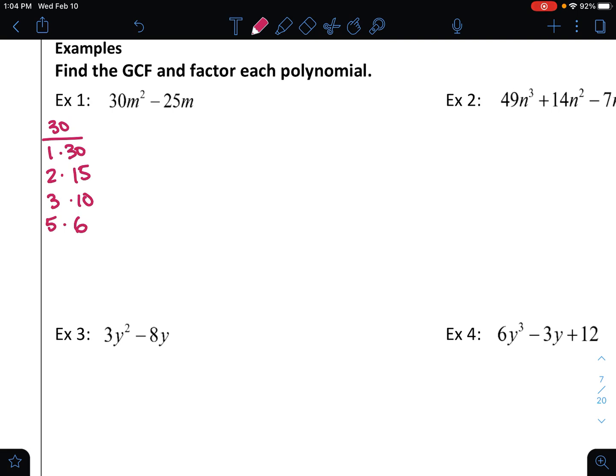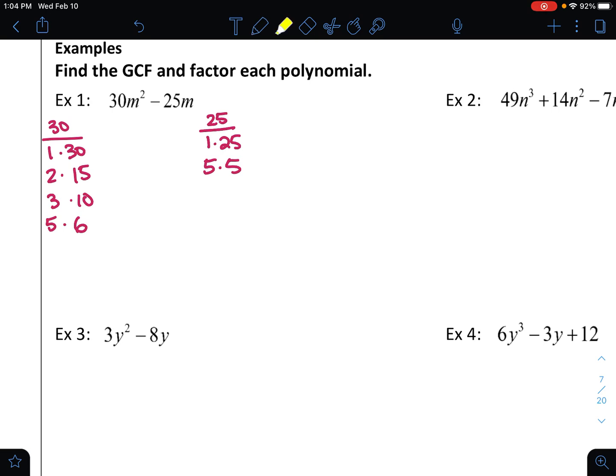I'm going to leave a little bit of space, and then I'm going to list out the 25. So factors of 25 are 1 times 25 and 5 times 5. All right, so what I want you to see here is I want you to identify the largest number that is contained in both numbers.